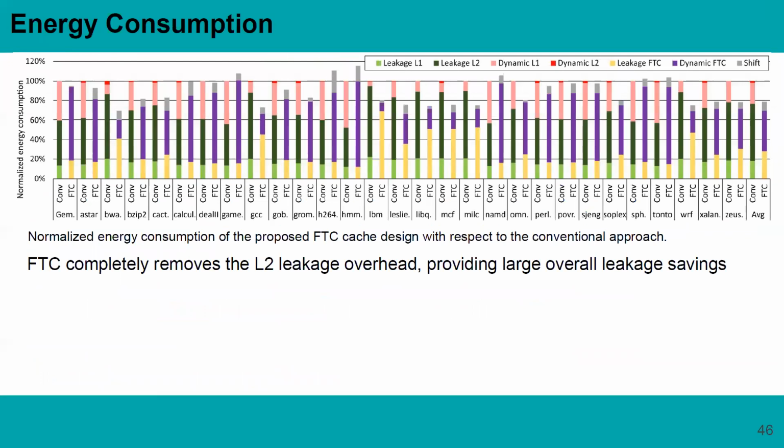Focusing on energy consumption, this figure compares the consumption of FTC and the two-level conventional design. Energy is split into leakage and dynamic expenses. In addition, FTC includes the overhead of shifts. The energy savings of FTC in most benchmarks mainly come from the fact that the FTC approach completely removes the L2 cache.